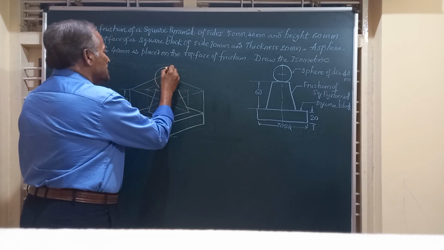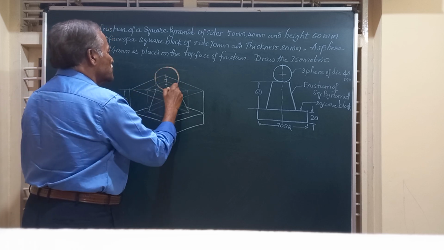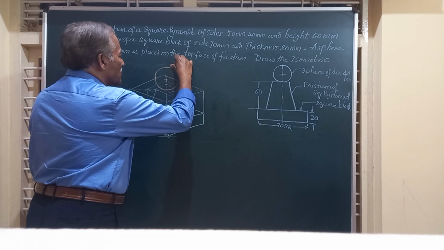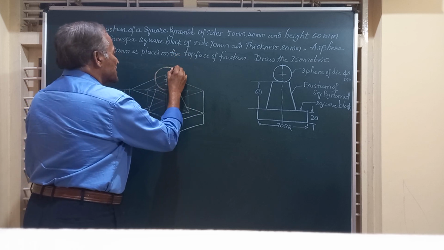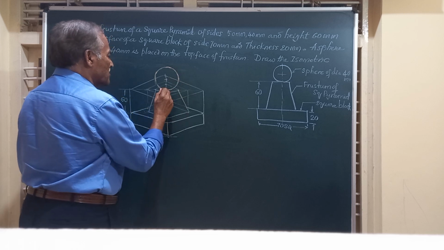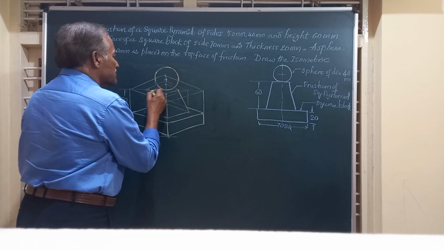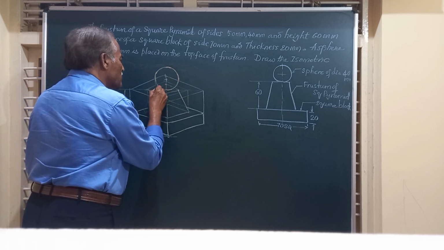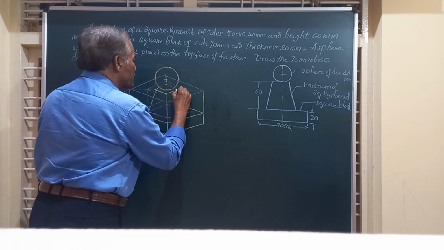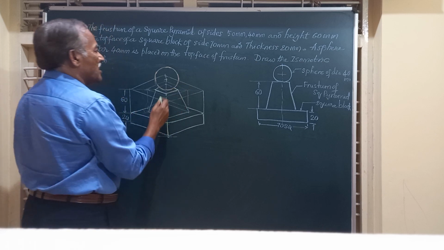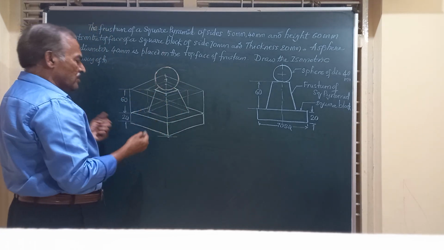So friends, this is the isometric drawing of the sphere which is resting on the top surface of this frustum of a square pyramid. So I am going to darken these lines which are remaining. Up to here we should draw. The portion behind that is not visible.